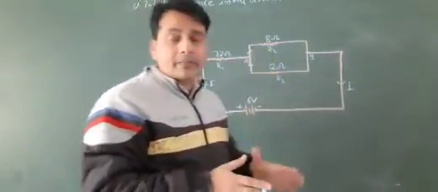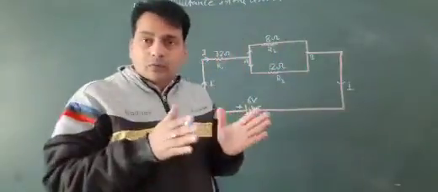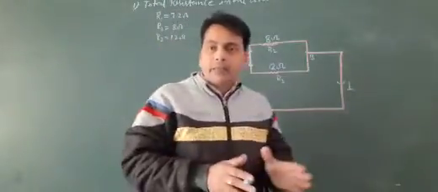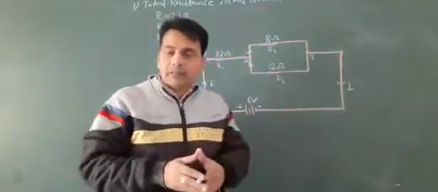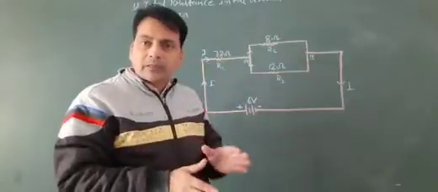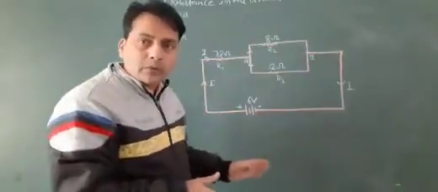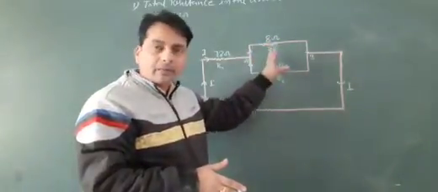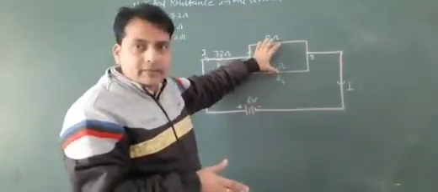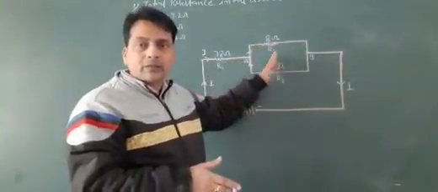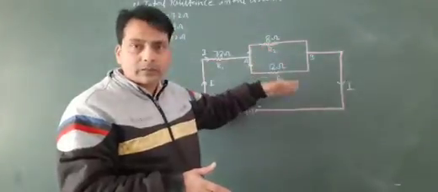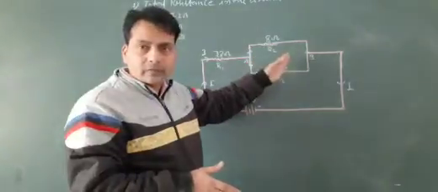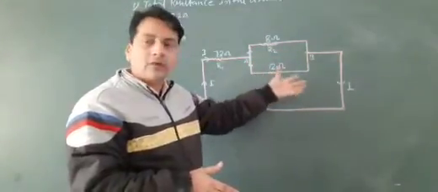According to the parallel combination, as you know, when two resistors are used in parallel, the equivalent or effective resistance is the reciprocal of the sum of the reciprocals of the given individual resistors. So here two resistors are used, 8 and 12, meaning R2 and R3. The reciprocal of R2 is 1 by R2 and the reciprocal of R3 is 1 by R3.